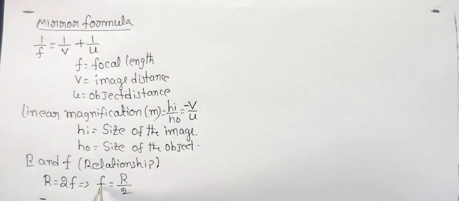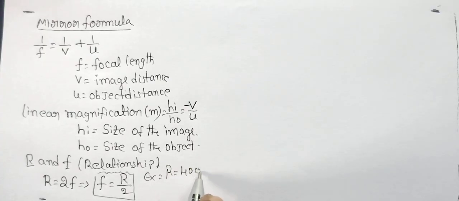It means focal length is half of the radius of curvature. For example, if the radius of curvature is given as 40 centimeters and we are asked to find the focal length, then focal length is R by 2, 40 by 2, we will get 20 centimeters.